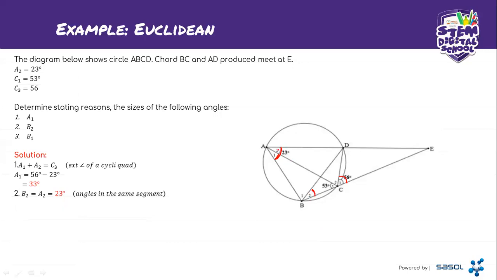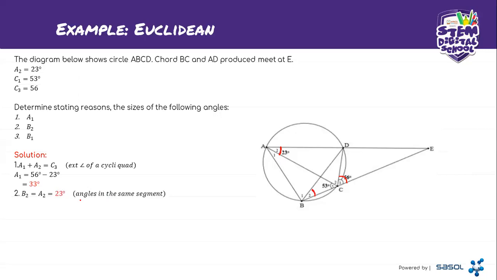Only A2, not the whole A, but only this portion here, which is, let me just show you, if we can just remove this one. All right, now this angle A2 equals angle B2.